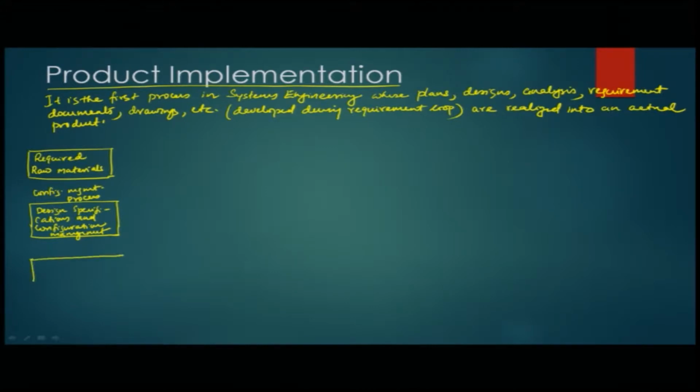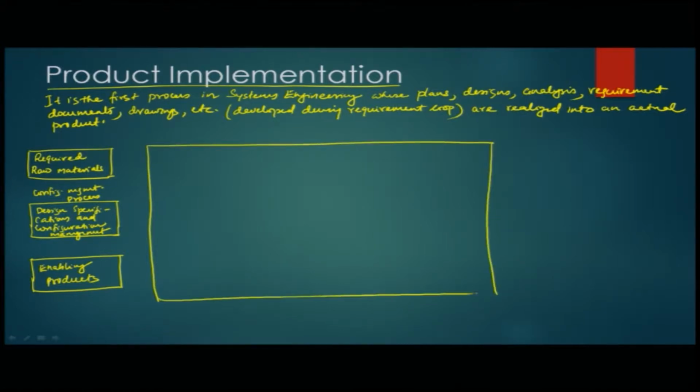Then we also have enabling products. We will talk about each one of them. These three become the input, and then we have the process in which the first step is prepare for implementation of system, in which you have three options.